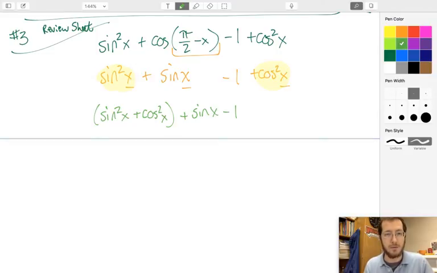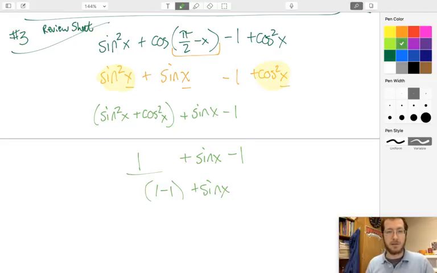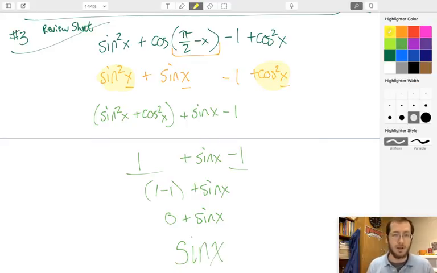So this equals 1. You don't have to write what kind of identity it is, but show me in steps. So that's 1 plus sine of x, take away 1. So now we've got 1 minus 1. Combine those like terms. 1 minus 1 is 0. So 0 plus sine of x is just sine of x. And that's as far as we can go.